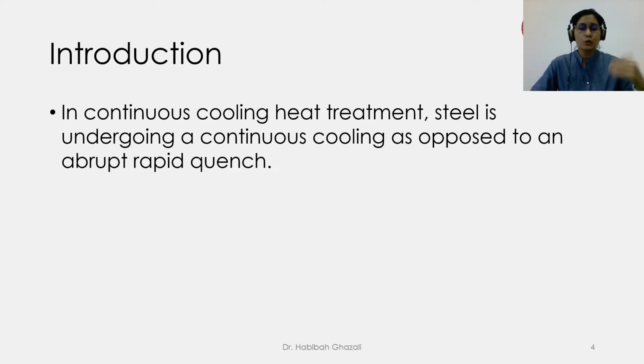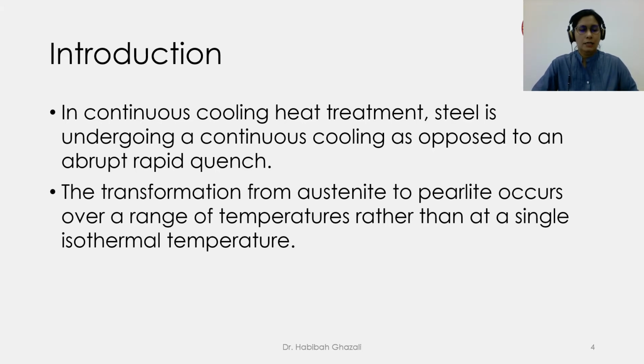In the continuous cooling heat treatment process, steel is undergoing continuous cooling as opposed to an abrupt rapid quench. So the transformation of austenite to other microstructures occurs over a range of temperatures rather than at a single isothermal temperature.